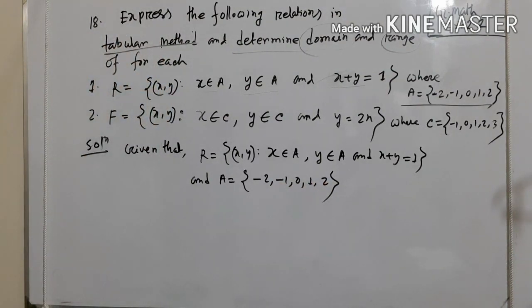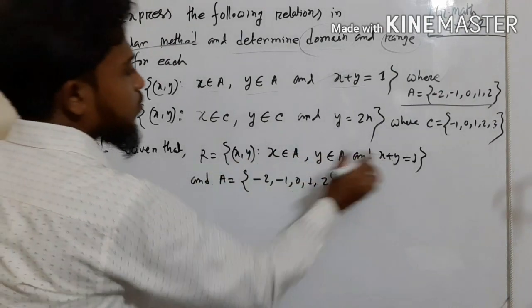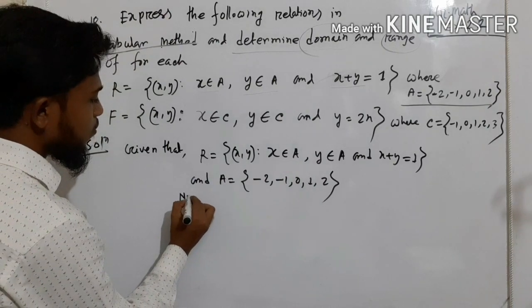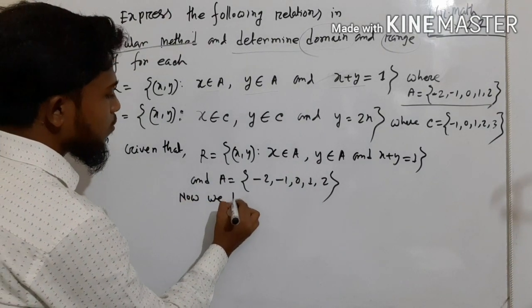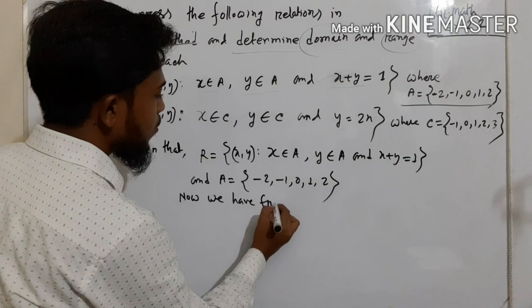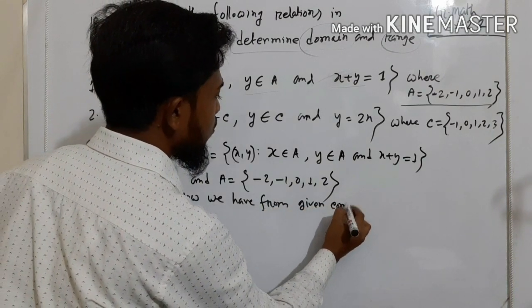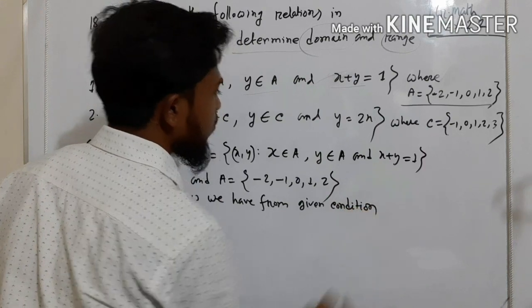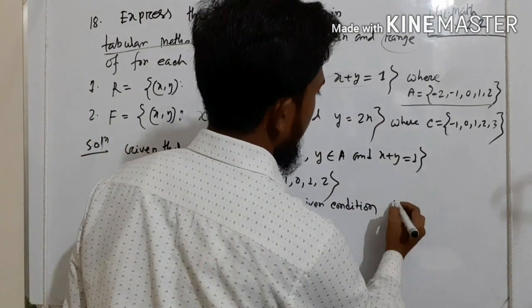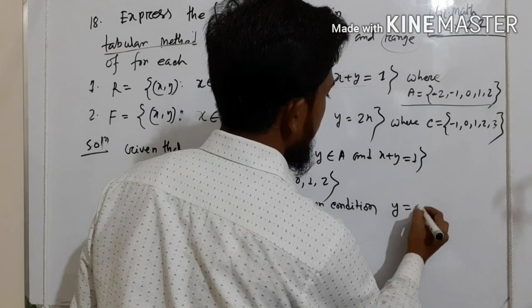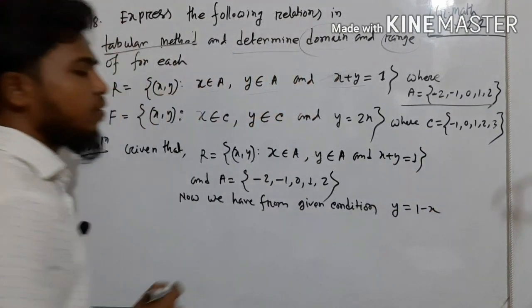Now from the given condition we can write y equal to 1 minus x.